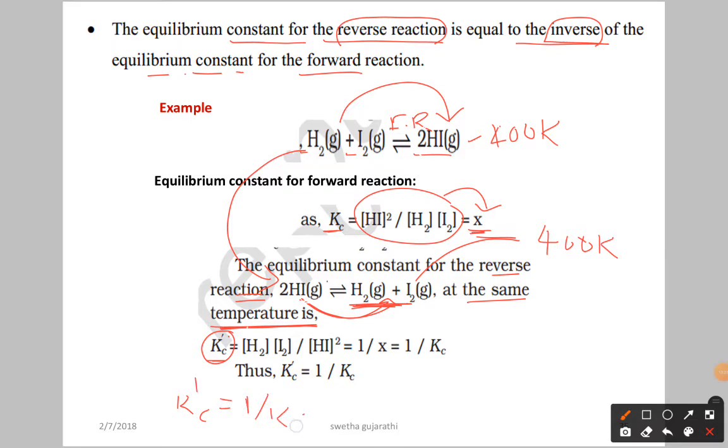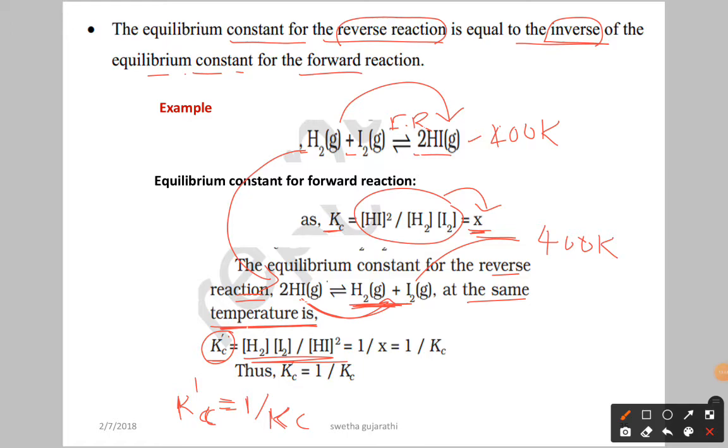How is it? Let us see here. Kc prime equal to 1 by Kc. Here Kc prime is the concentration of H2 and I2 divided by the concentration of HI whole square.